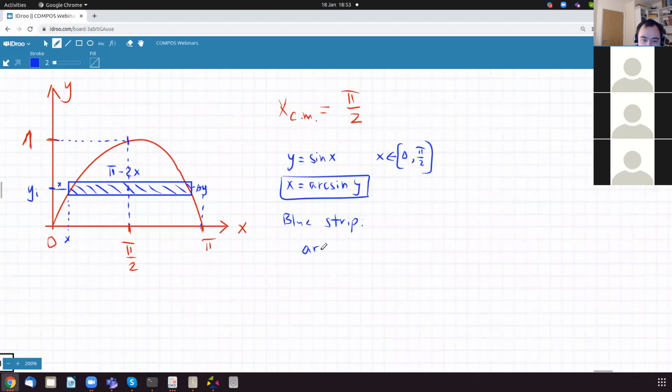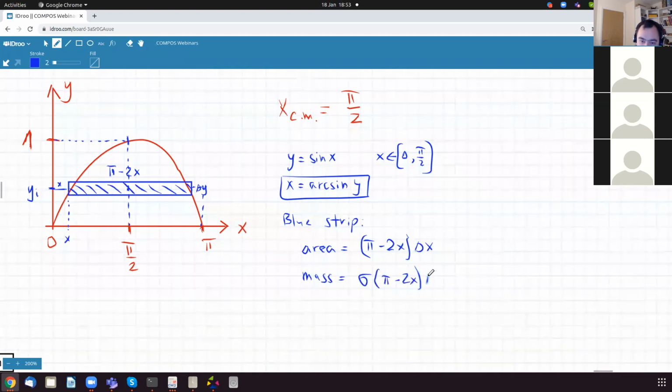So the area of the blue strip is equal to pi minus 2x multiplied by delta x. So the mass of the strip is going to be sigma times pi minus 2x delta x once again. And the position, so mi, this is mi, and the position is yi.